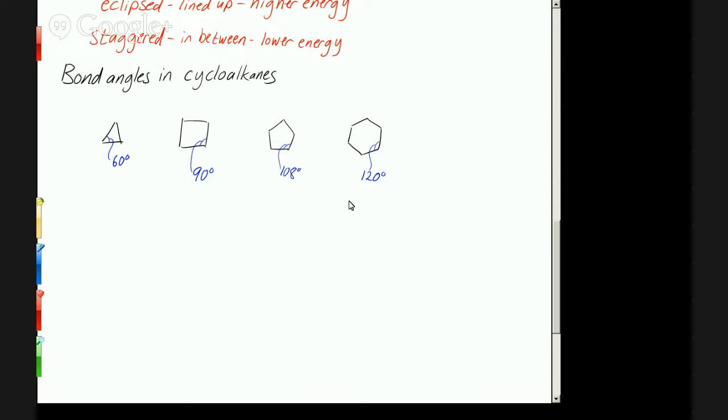It doesn't want to line up. It doesn't want to be flat. It wants to flip, and the way it flips, you'll notice, is to make that staggered arrangement, like we've just been talking about. It doesn't want to be lined up. It wants to be staggered, and we can feel that in the bond angles. In fact, when cyclohexane takes on this staggered conformation, it gets those bond angles almost exactly to between 109 and 110. So it's just where it wants to be, and that's why it is such a common conformation.